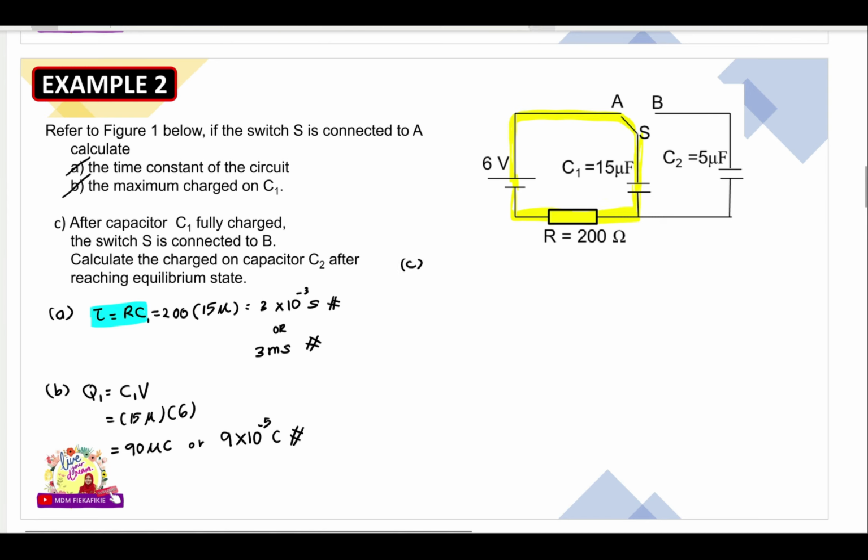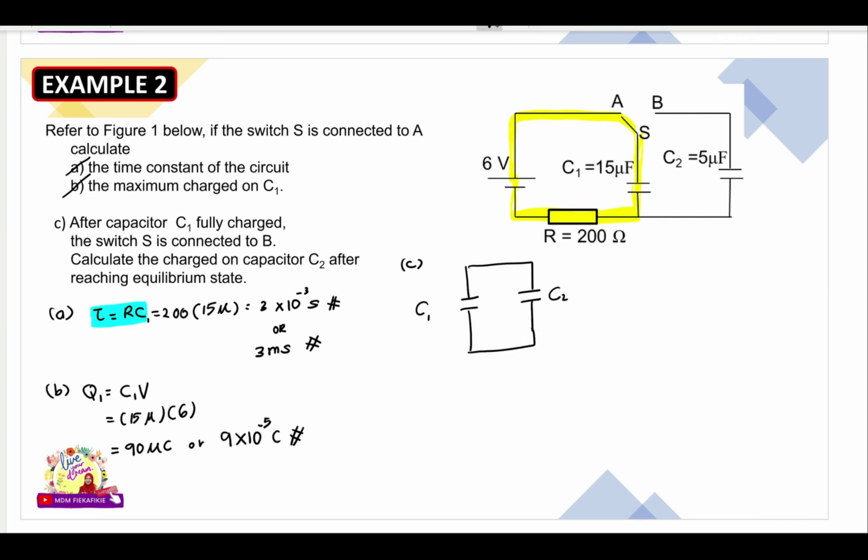After capacitor 1 is fully charged, the switch here is then connected to point B. Alright, so means that, okay, we remove the battery. So we just have this circuit C1 and this is another capacitor here, C2.